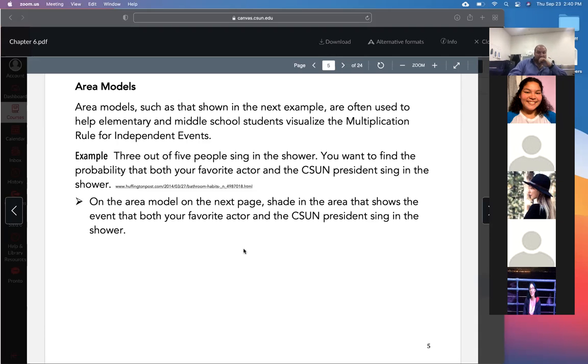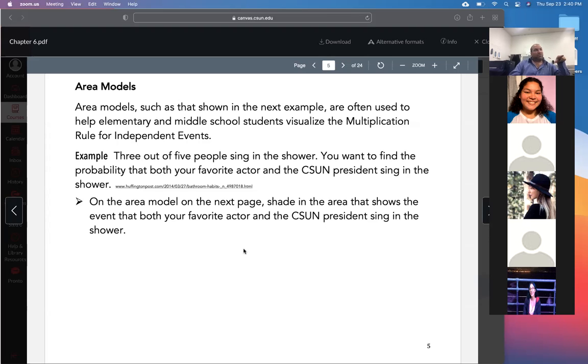I think they're independent. Well, do you intuitively feel that one of them should have any effect on the other? No. So then they would probably be independent.